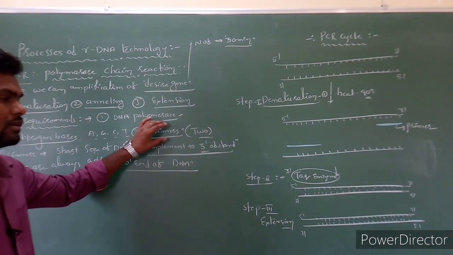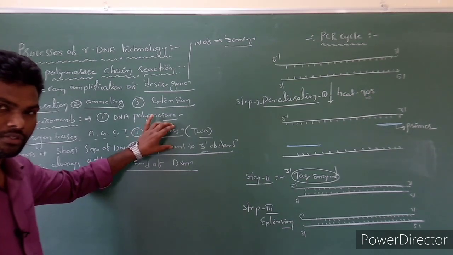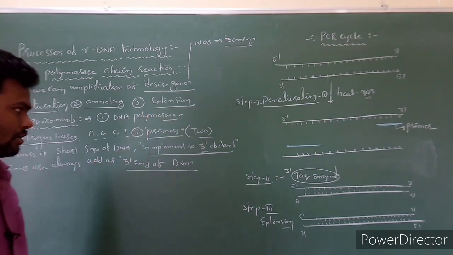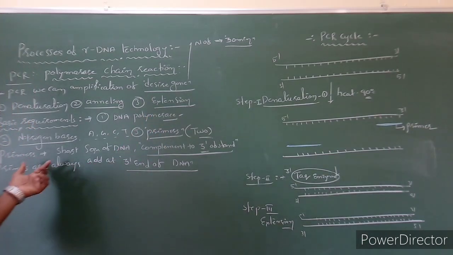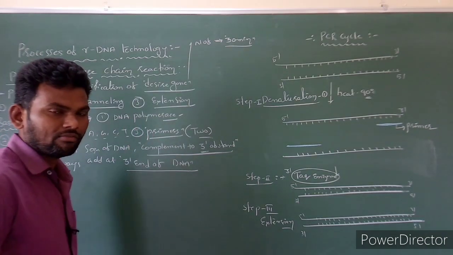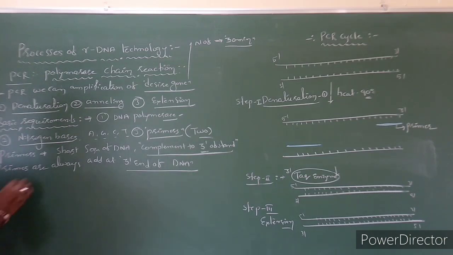The primer is nothing but one short nucleotide sequence which is complementary to the 3' end of DNA. So these primers are always joined at the 3' end of the DNA strand. These are the basic requirements of the PCR cycle.